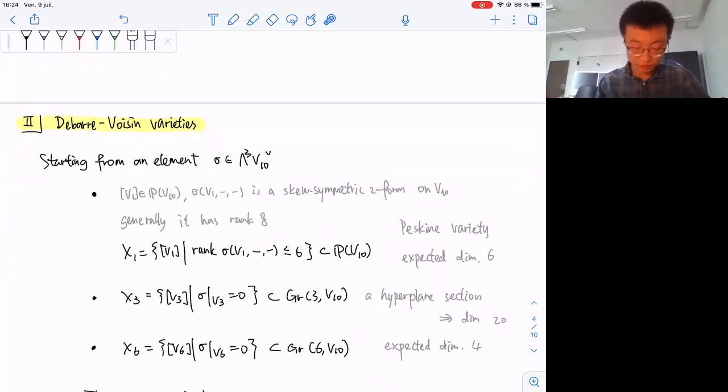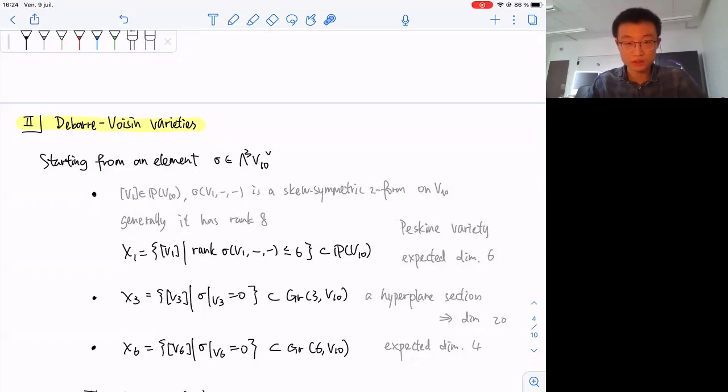So I denote them by X1, X3, and X6 because they live inside the Grassmannians G(1,10), G(3,10), and G(6,10). So I'll first talk about the second one here. This is simply a hyperplane section of the Grassmannian G(3,10), and it's a 20-dimensional hypersurface Fano variety.